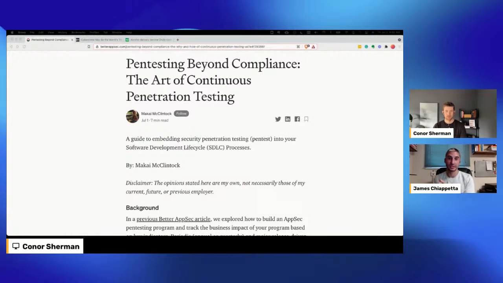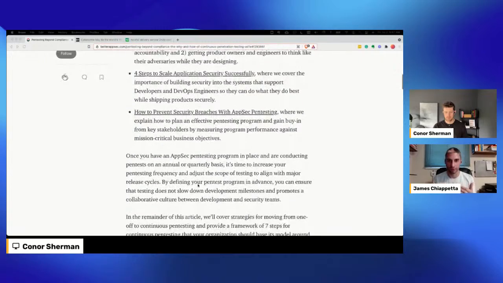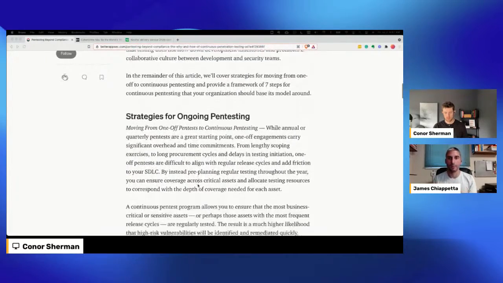So the pen testing is happening in conjunction with continuous development, and I think it starts to optimize not just the cost structure from a time and resource perspective, but it optimizes the risk reduction discussion as well. We're finding things, we're finding more things, we're finding them more frequently, and we're fixing them more frequently and earlier.